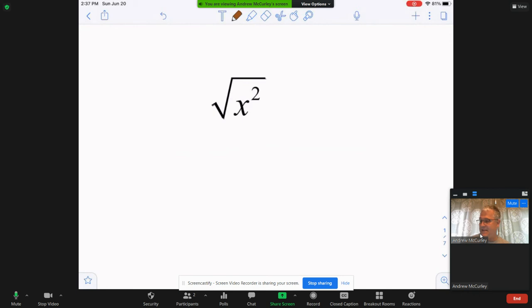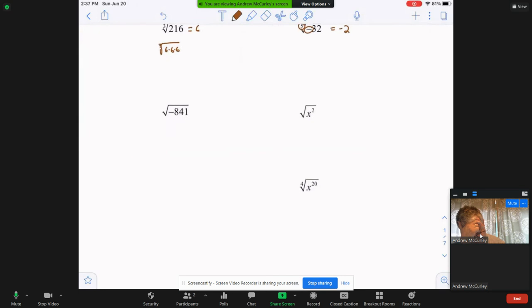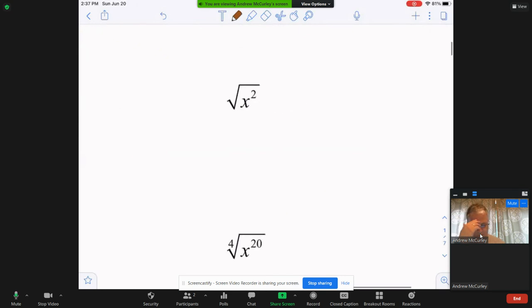This one is obviously a variable, not a number. We can do this the same way. We can think about this as the index a little bit. We can rewrite this as a square root, so this is really x to the 2 over 2, which is just x. The square root of x squared is just x.